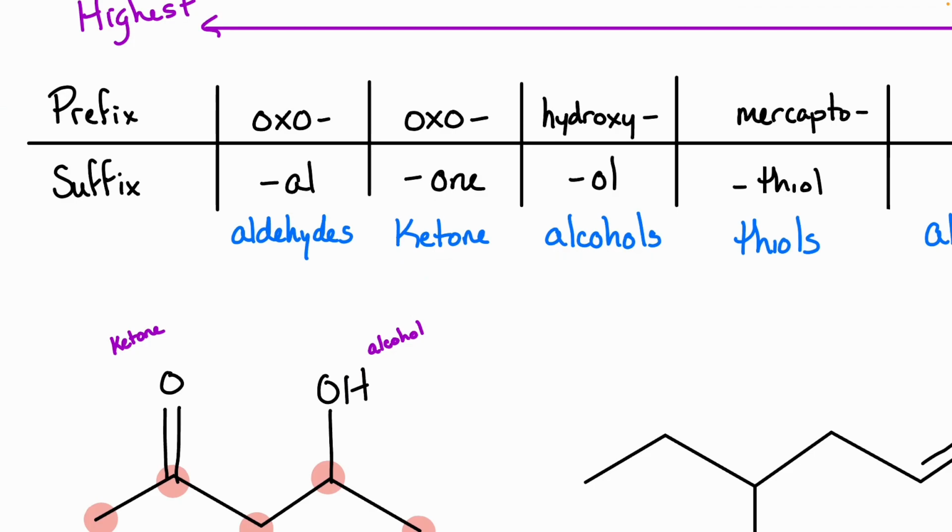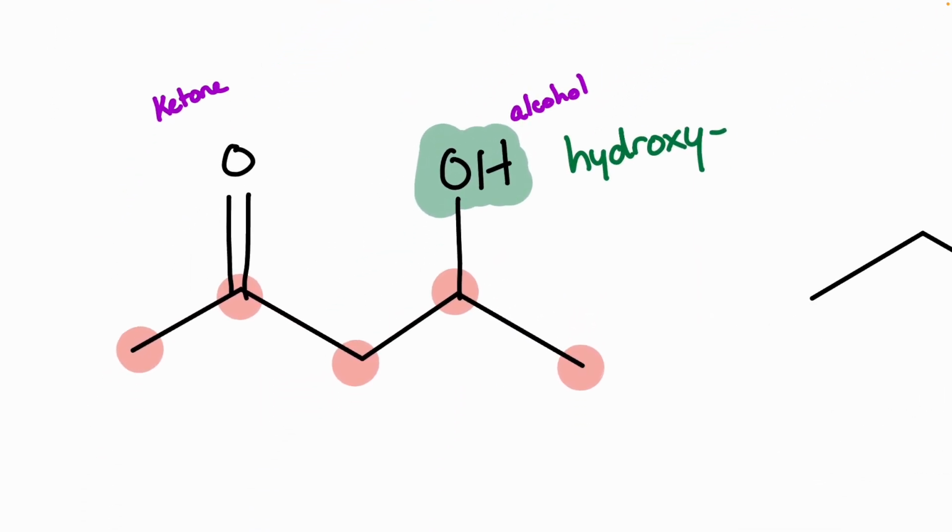So that means this alcohol group loses its functional group status, and it becomes just a substituent, what's called the hydroxy substituent. So when I number my chain, I'm going to pay attention to only the position of that ketone group because it's the highest priority group.